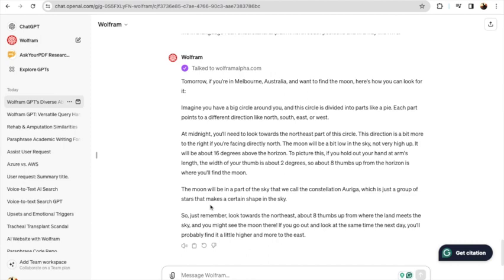Picture this. If you hold out your hand at arm's length, the width of your thumb is about 2 degrees. Oh, okay. So about 8 thumbs up from the horizon is where you'll find it. Okay, that's interesting. That's a very beautiful way to look at the sky. Okay, I'm gonna check that tomorrow as well.